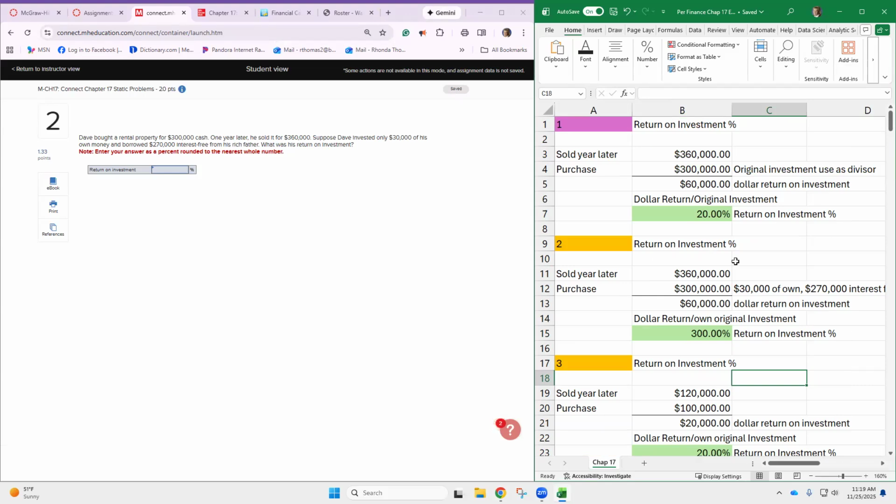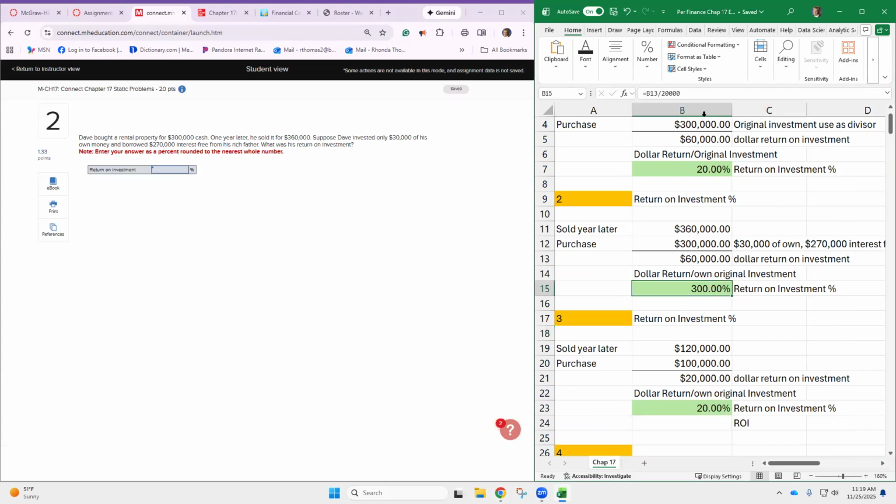But if you only use the amount that he invested, which is $30,000, he took $30,000 of his money and turned it into $60,000.